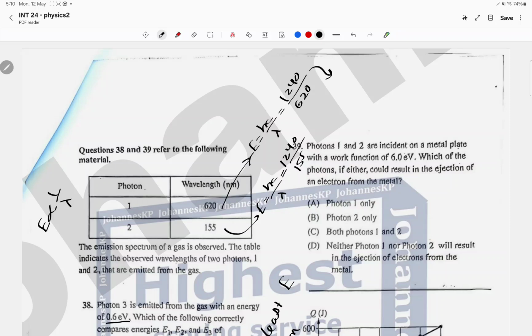The first one is 2, and the second one is 8. So which one can overcome the work function of 6? Only photon 2, correct? That's going to be choice B.